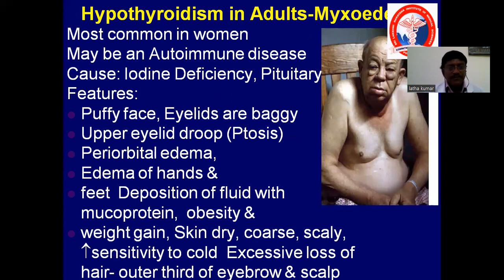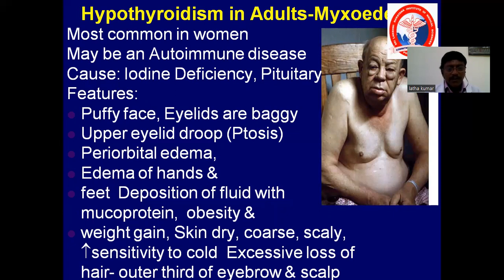Features of this disease: puffy face, eyelids are baggy. This picture shows the eyelids are baggy, and upper eyelid droop, that is ptosis, loss of tone in the upper eyelid, and periorbital edema. You can look at this person, periorbital edema will be visible, and edema of hands and feet, deposition of fluid with mucoprotein, and obesity.